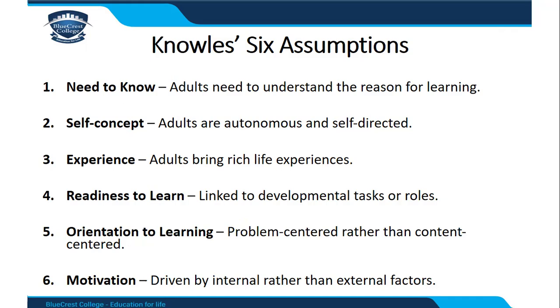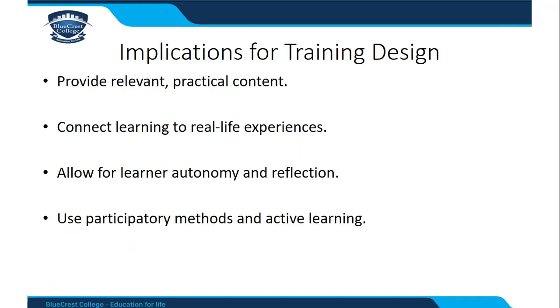That is what will motivate them to go for the training, not necessarily what is happening around them. Okay, so these are the 6 assumptions that guide adult learning: the need to know, the self-concept, the experience, readiness to learn, orientation to learning, and then motivation.